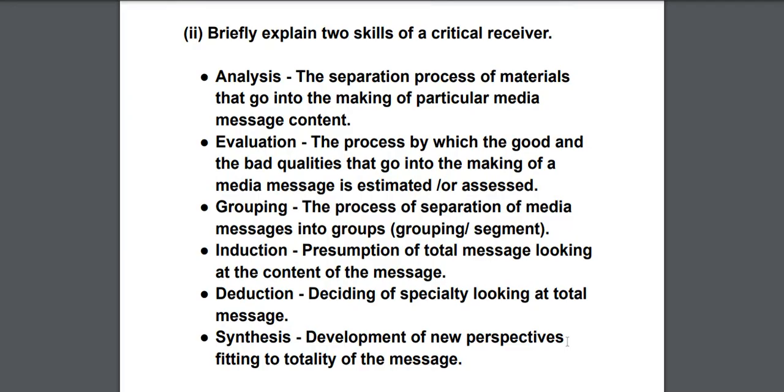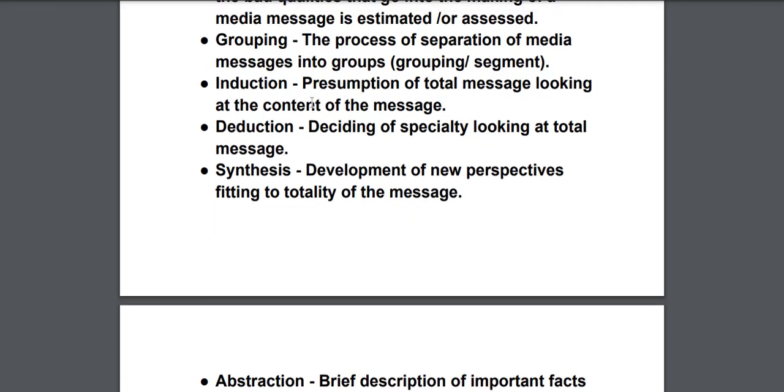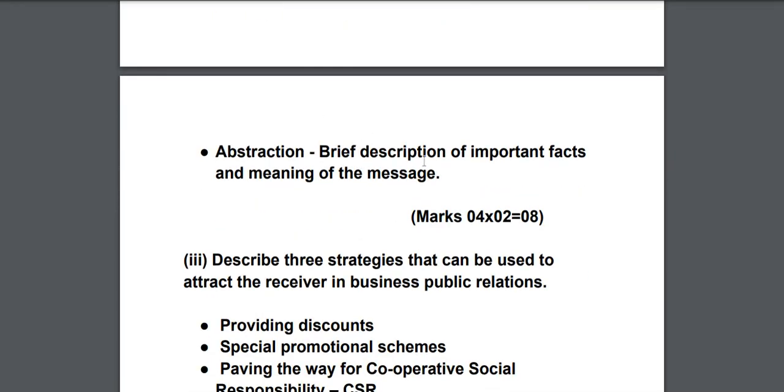So here you need again a description and also a suitable example. You can select any of them. Actually there are 7 skills. So out of those 7 you can select two, and explain and give examples. So here was the same procedure. 4 times 2, that becomes 8.